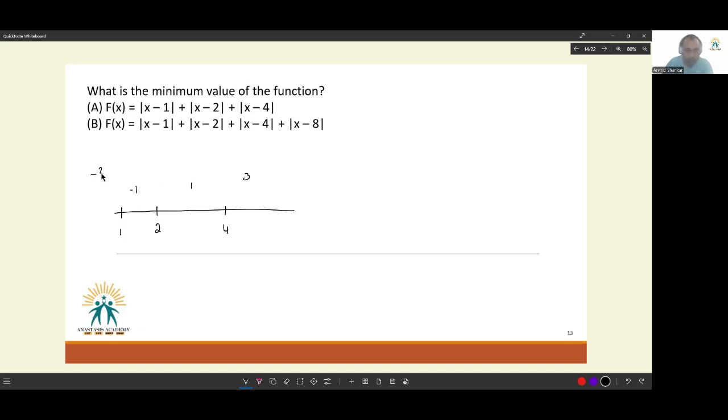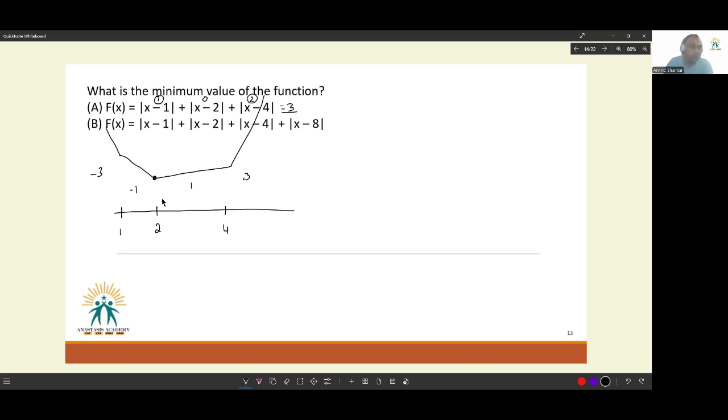Here the slope is minus 3. So our graph will go something like this. The minimum point will be obtained at x equal to 2. For x equal to 2, this will be 1, this will be 0, this will be 2. So the minimum value of this function will be equal to 3.